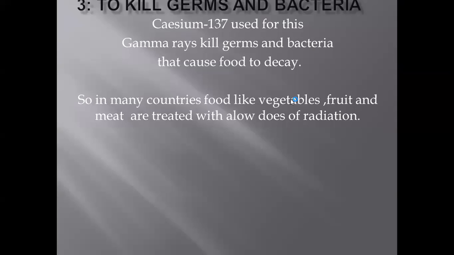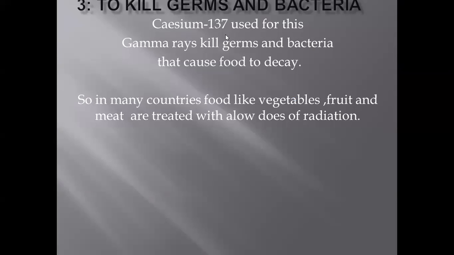You are very good, but you have to say atoms of the same element, not two elements. Atoms of the same element that have the same number of protons and different number of neutrons. Yes. Thank you, Ali.